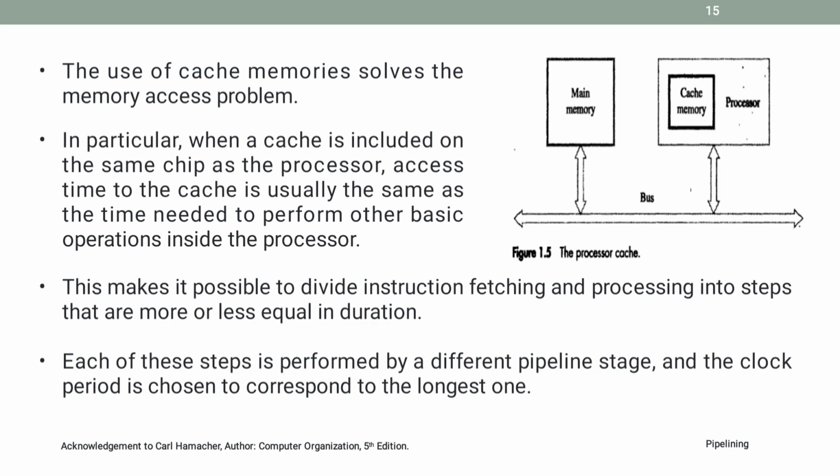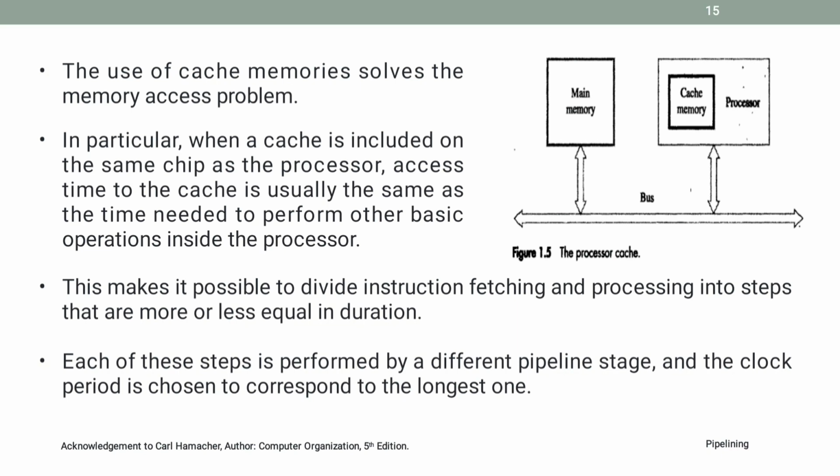So the use of cache memory solves the memory access problem, that is, accessing data and instructions from main memory by the processor is delayed. It is a problem in designing equal time pipeline stages.